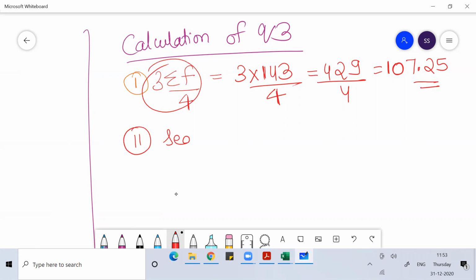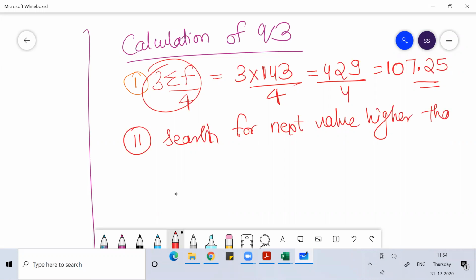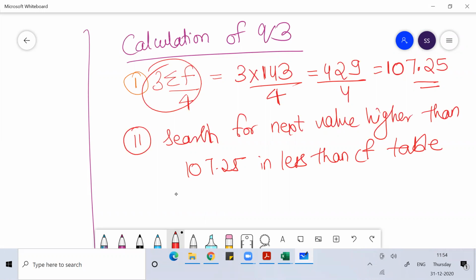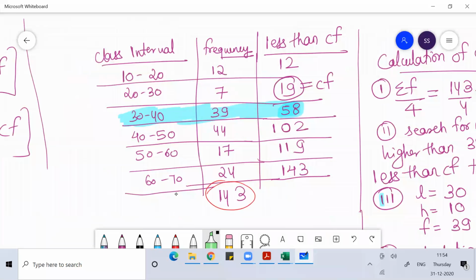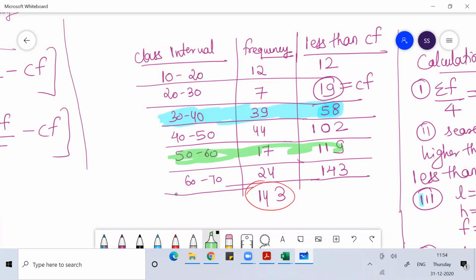Now what you do is search for the next value which is higher than 107.25 in the less than cumulative frequency table. The range you are getting is 50 to 60.